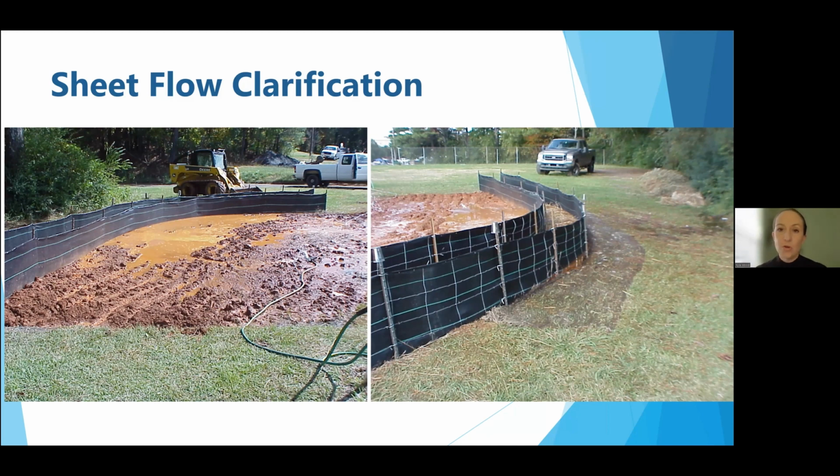As the water moves through and reacts with the polymer, we're able to flocculate out those colloidal clays and form bigger, larger, heavier flocks. Many of them will be captured in the straw or mulch or by the second row of silt fence. It's very effective at clarifying water and collecting those flocculated particulates. So we can use it for water treatment, and we can also use it for particle collection.